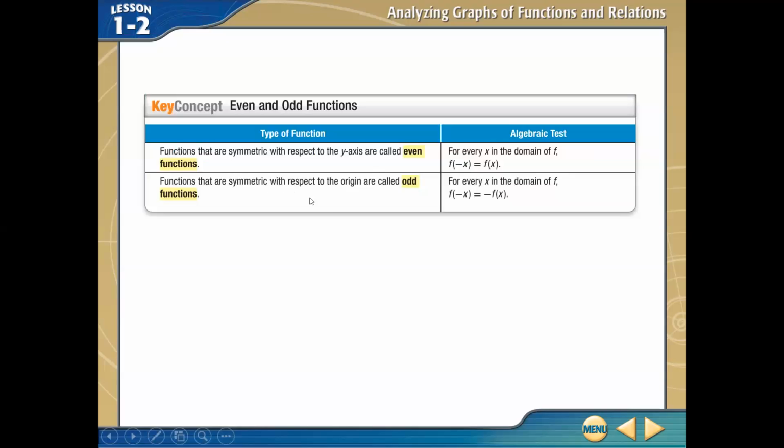And then you have odd functions, which are symmetric with respect to the origin. In the situation that you don't have symmetry about the origin or symmetry about the y-axis, it is not an even function and it is not an odd function.